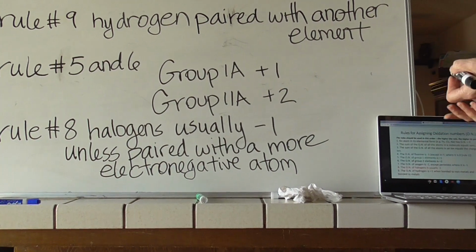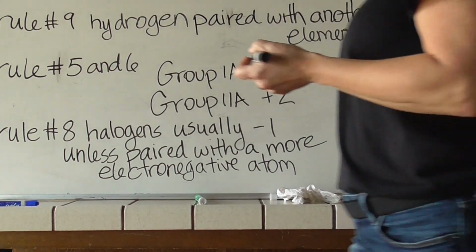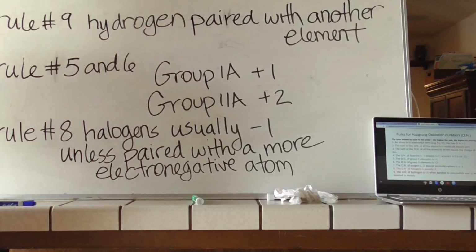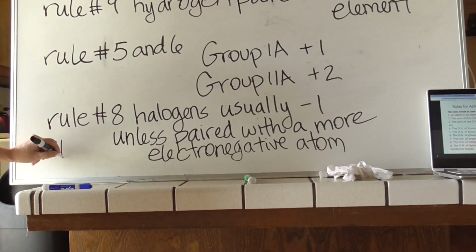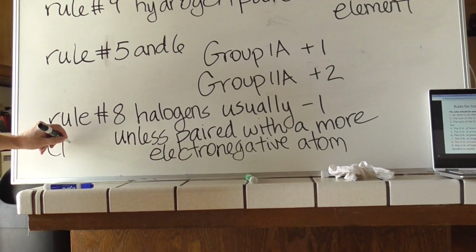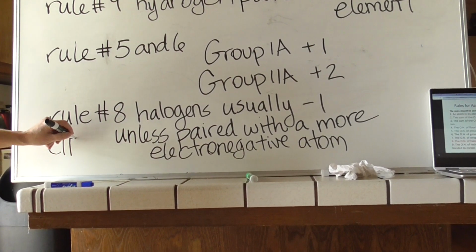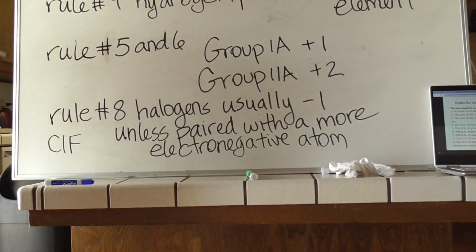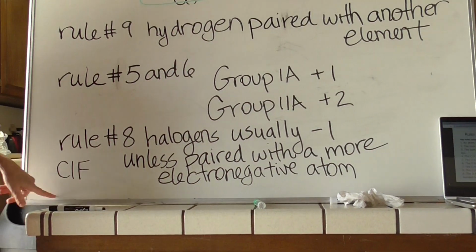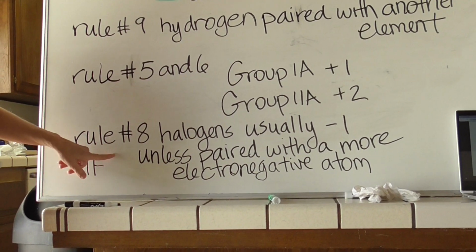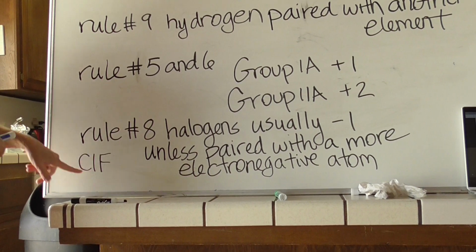So if you had a halogen like chlorine, so let's do an example down here. So if you had something like chlorine with fluorine, and say we just had one of each, so they can't both have negative, because the overall charge here is 0, so they have to balance each other out.